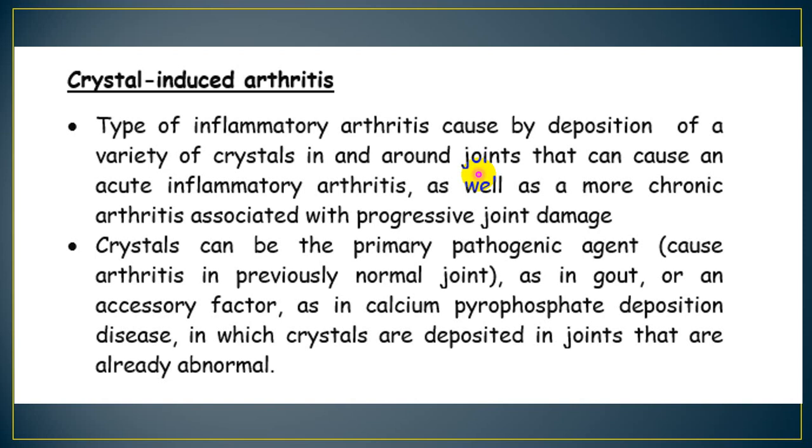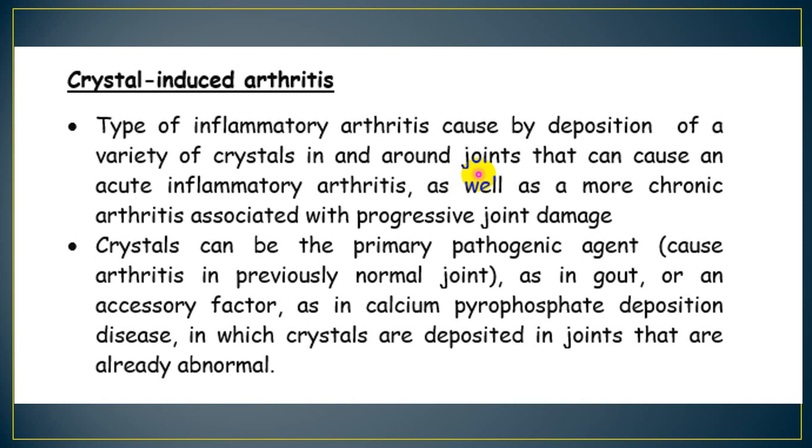So what is a crystal-induced arthritis or arthropathy? It is a type of inflammatory arthritis caused by deposition of a crystal in and around the joint that leads to acute inflammation. And in some cases, when the acute inflammation is recurrent, it can lead to a chronic type of arthropathy.